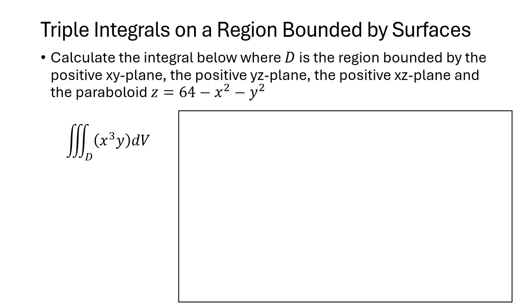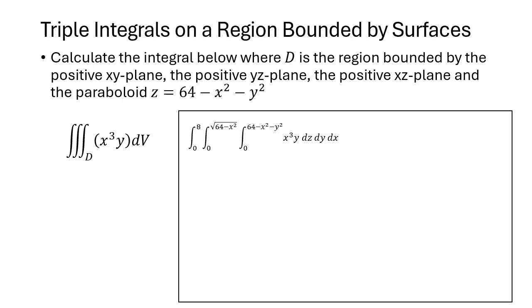Combining this along with ideas from circles from the last slide, we get the triple integral with bounds 0 to 64 minus x squared minus y squared dz, 0 to square root 64 minus x squared dy, and 0 to 8 dx. From this point, we take antiderivatives like we normally would.